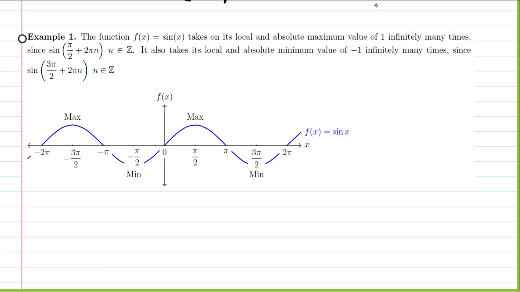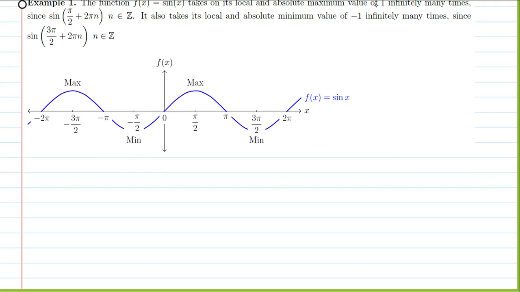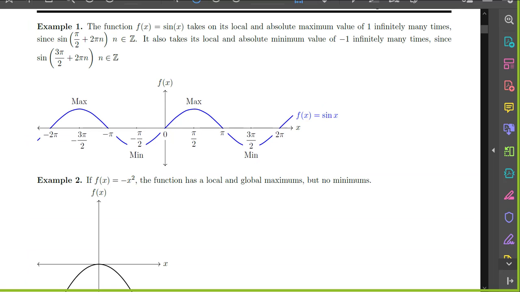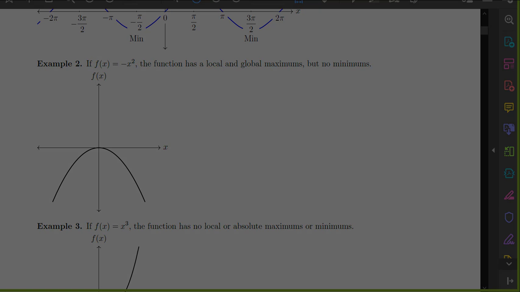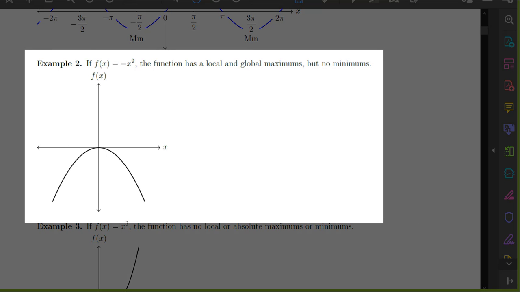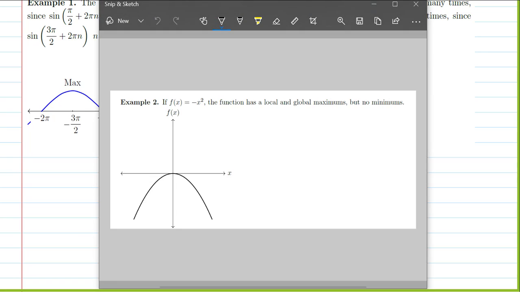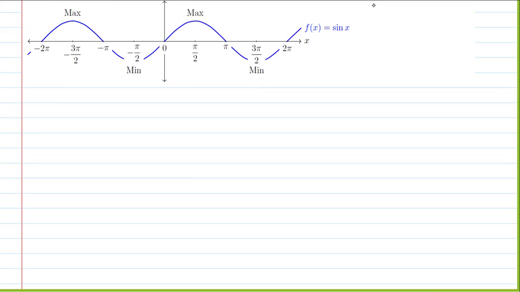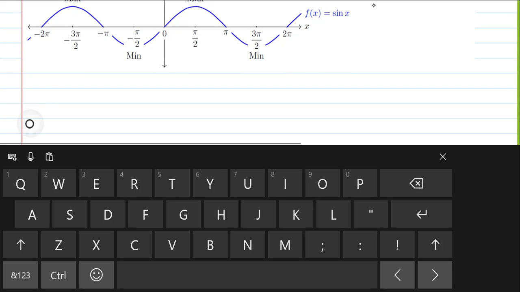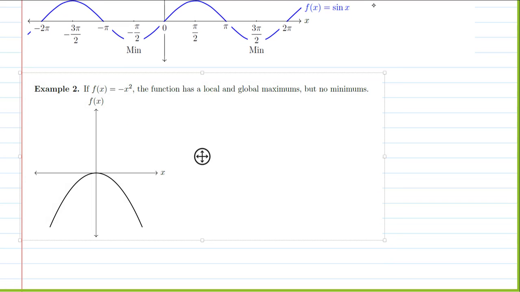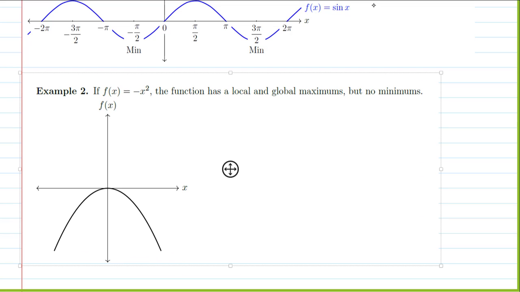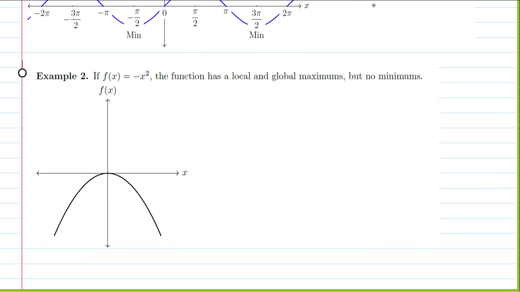Right? All right. Let's take a look at our next example. So example number 2 is if we look at the parabola f of x equals negative x squared, this has a local and global maximum right here at the point 0, 0.